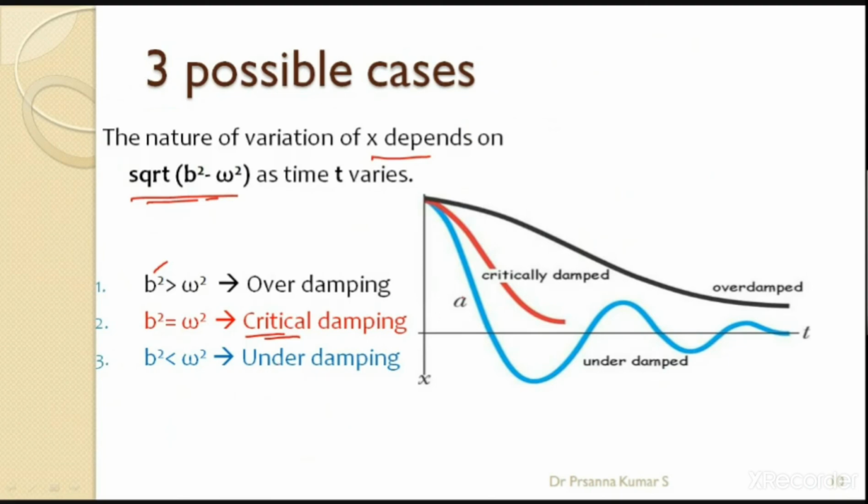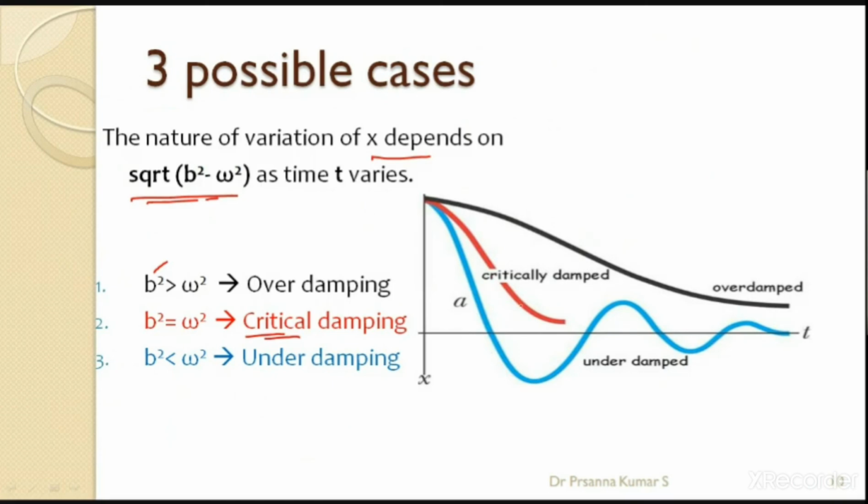If you plot the displacement with time, you can see the variation here. The black one is the overdamped case. This is the variation of displacement. It never dies out completely; slowly it decreases exponentially. The red one is the critical case.